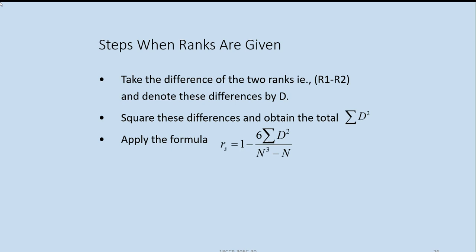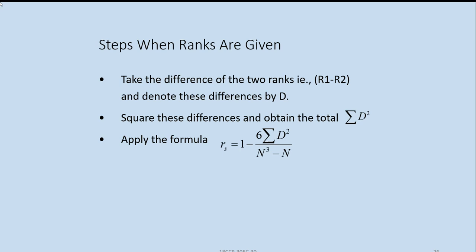Now, steps for when ranks are given. So, as I said, we can calculate Spearman's rank correlation in two ways: when ranks are given, when ranks are not given. When ranks are given, we need not go through a very long, lengthy procedure. When ranks are not given, then we have to decide what the ranks are, and then we will calculate the correlation.